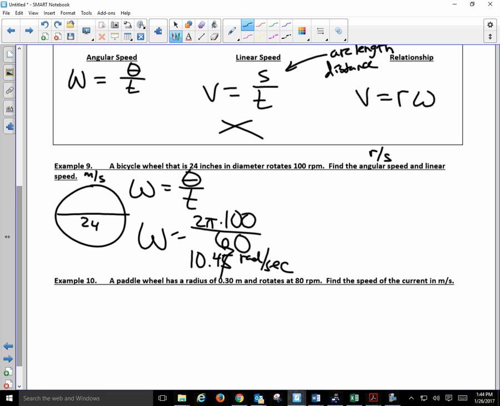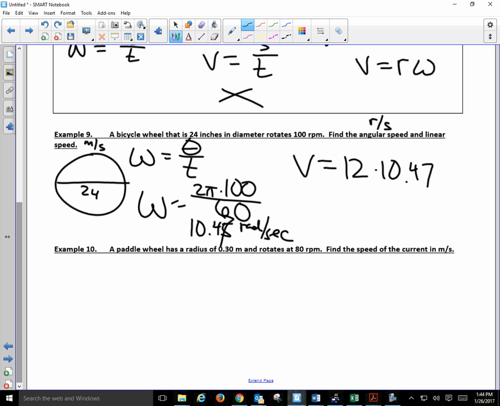So velocity is, what is the radius? 12. What is omega? We already figured out, 10.47. What's 12 times 10.47? Somebody calculator, go.